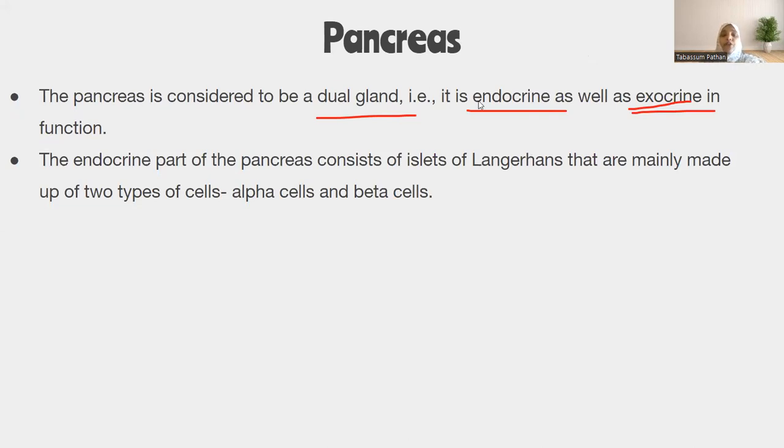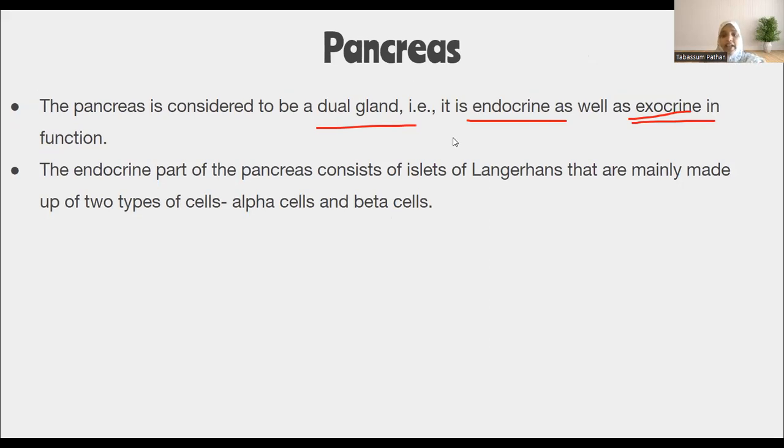The endocrine part of the pancreas consists of islets of Langerhans that are mainly made up of two special types of cells. We saw all the cells, alpha, beta, and the other cells that secrete somatostatin and ghrelin in the previous slide. What you need to learn more is the alpha cells and the beta cells. What do they secrete and what is their role in maintaining sugar balance in the blood?